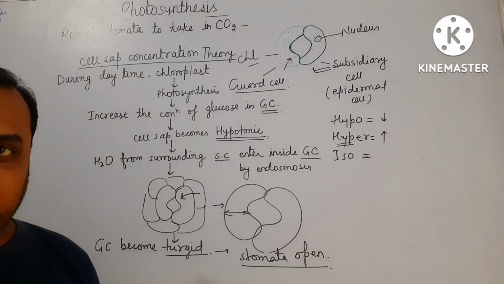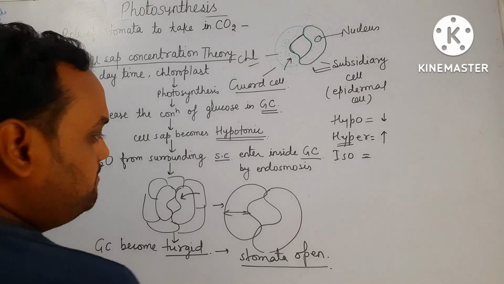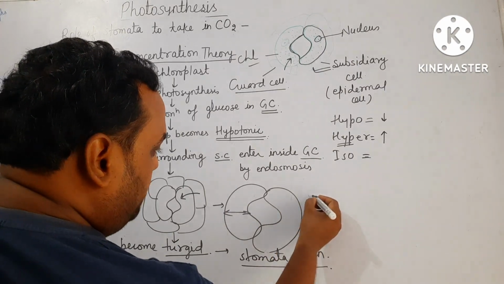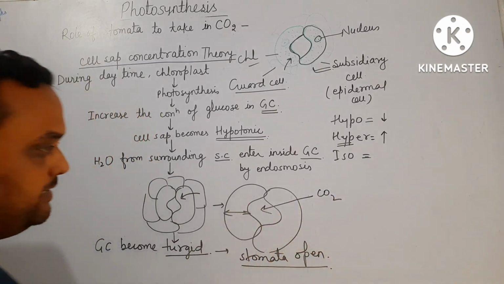Okay, so these are the main events of the cell sap concentration theory, which explains the role of stomata to take in carbon dioxide gas. So when the stomata open, then easily the carbon dioxide molecules will enter from outside to inside the cell.